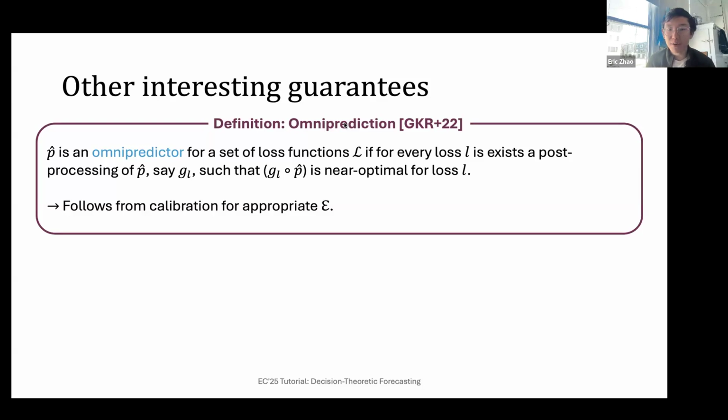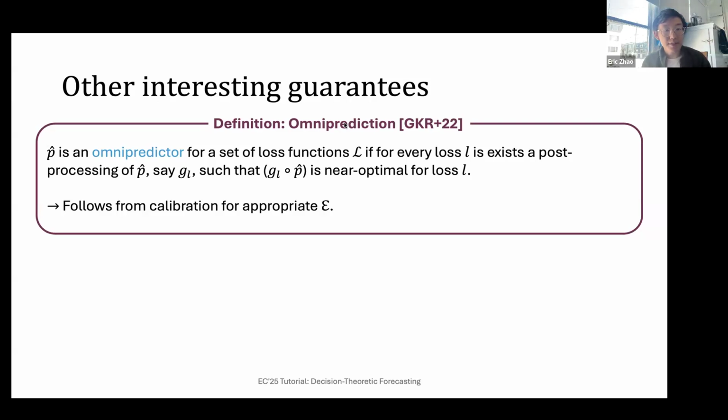Omni prediction is saying that I don't just have a single loss, I have an entire family of loss functions. It can be an infinitely large class, like the class of all Lipschitz loss functions. And I not only want to learn a model that is good for a single loss function, I want to learn a predictor that is so accurate that no matter what loss function you give me, I can find some data independent processing of that predictor that is actually optimal for that individual loss.